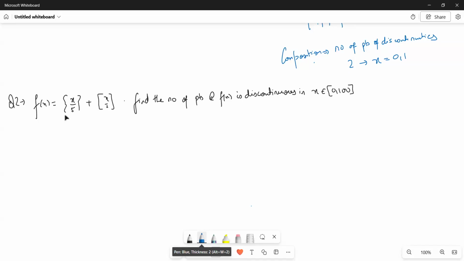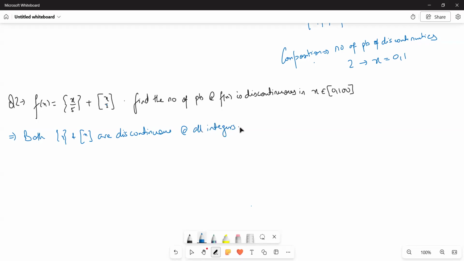We have a fractional part of x by 5 and box of x by 2. So over here we start with the knowledge that both the fractional part and box are discontinuous at all integers.